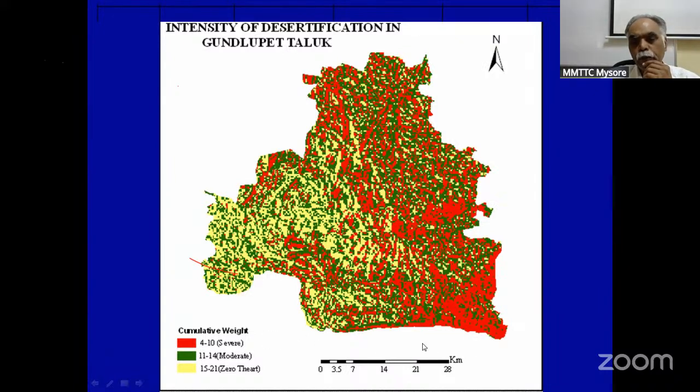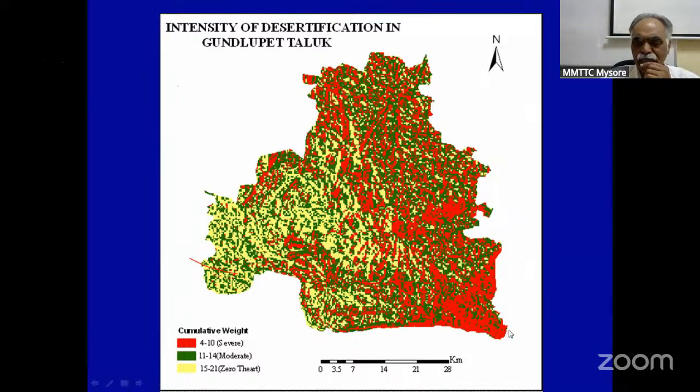You see so many red portions here. All these lands have very high, intensive dry condition. If you go to this region, it is totally dry and nothing can be cultivated. Even the groundwater is more than 2,000 feet below surface level.